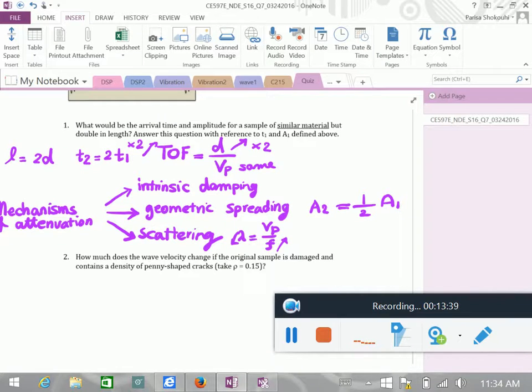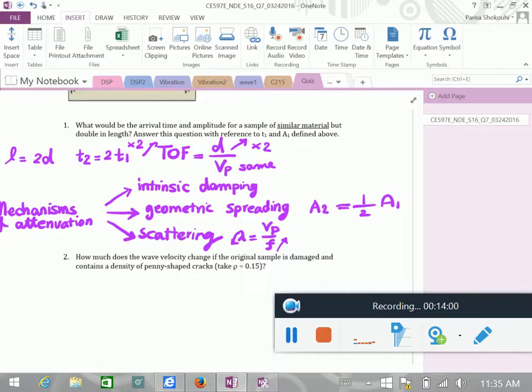So that's a measure of attenuation. And then the second one, we also looked at ultrasonic testing. And in ultrasonic testing, what parameter did we use? Velocity and attenuation, right. We looked at velocity and we saw that the velocity is slightly smaller.